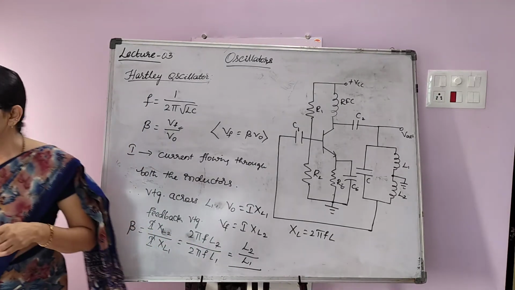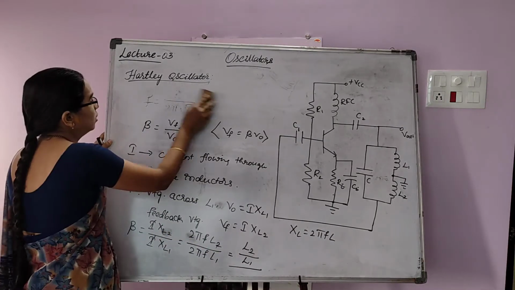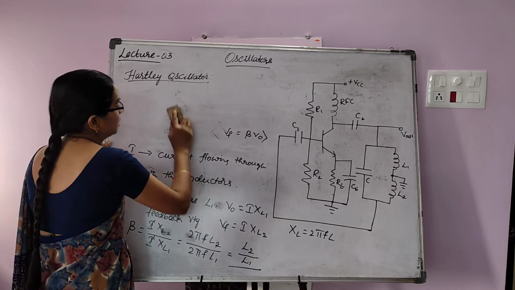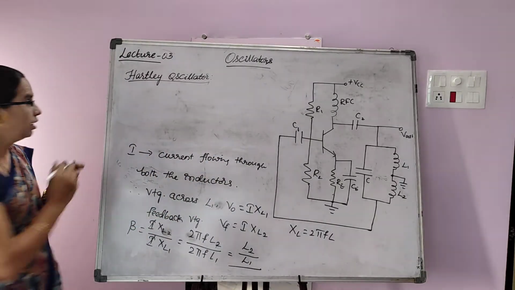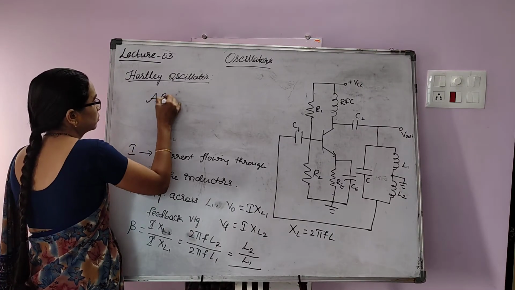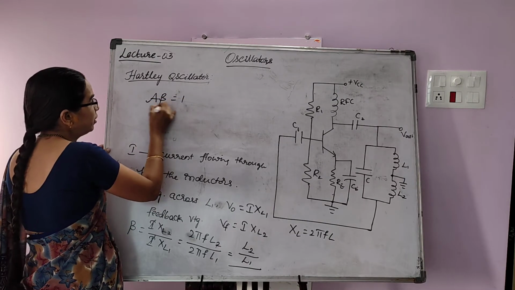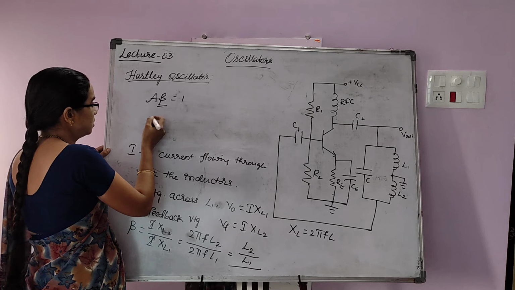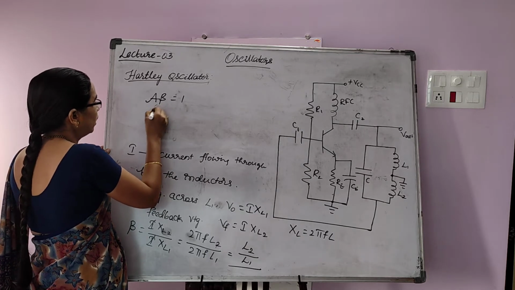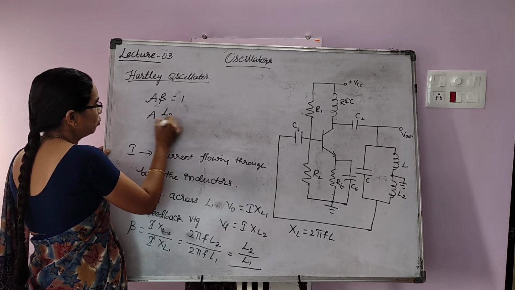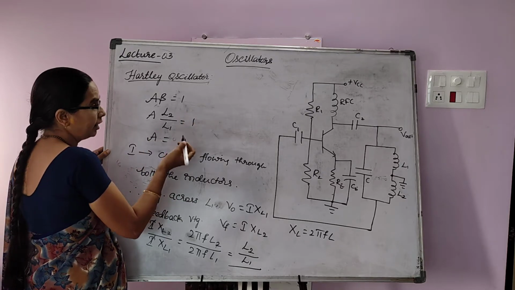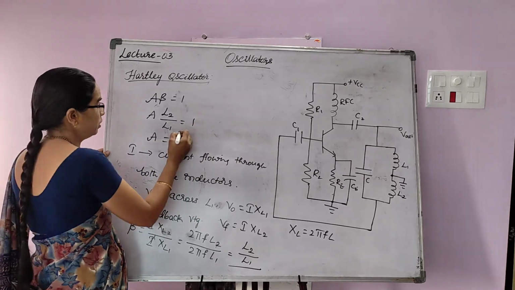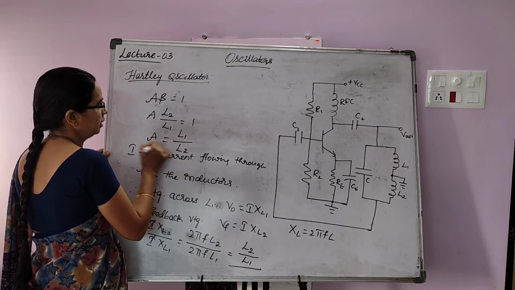What is the condition for getting sustained oscillations? That is A beta equal to 1. A beta is A into L2 by L1 equal to 1, so the gain of the amplifier A should be L1 by L2.